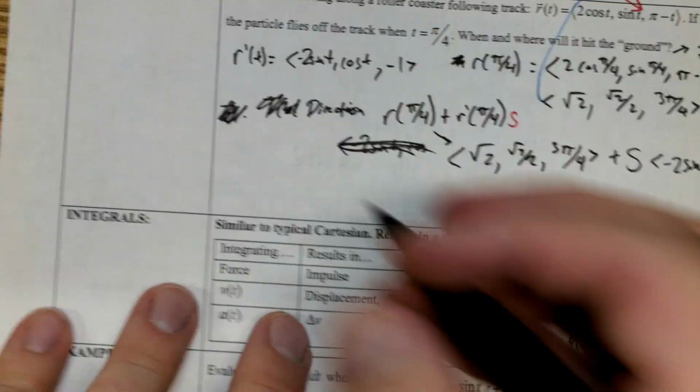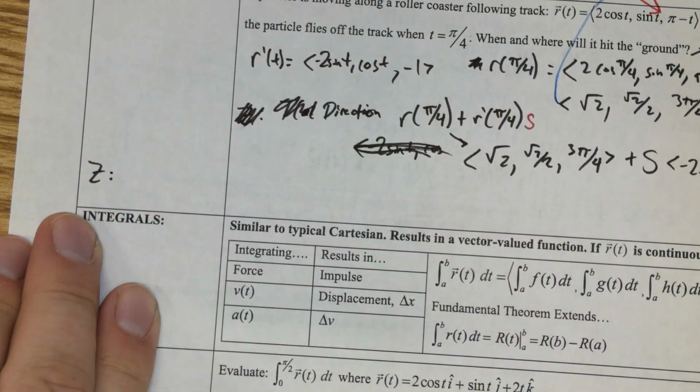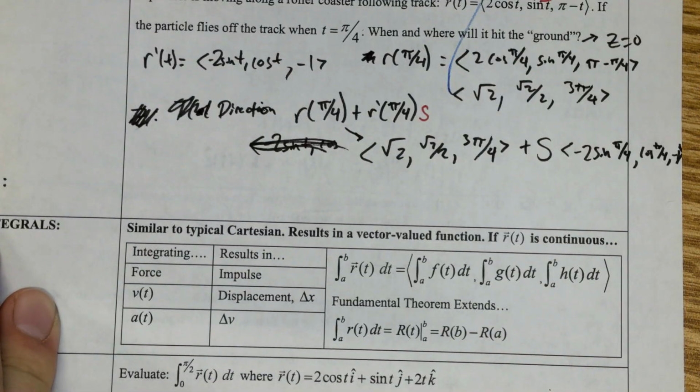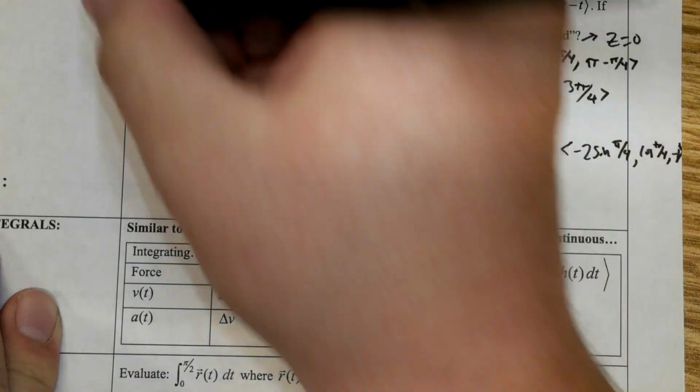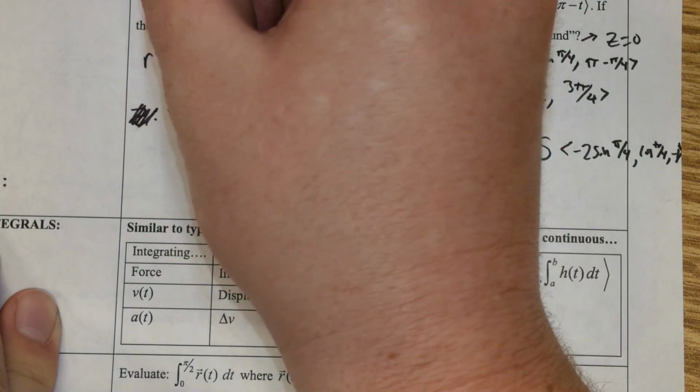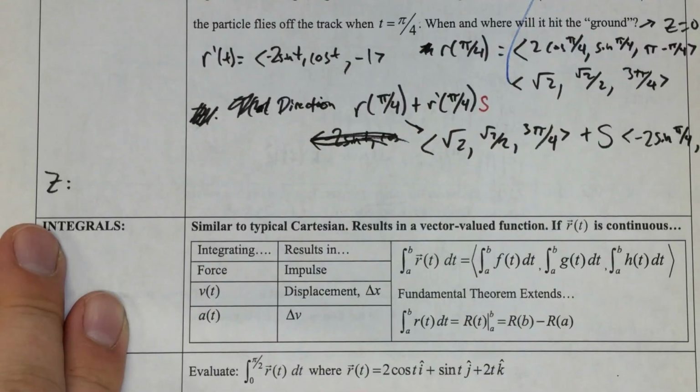But I only care about that z component because z is where the ground is. That's the xy plane that I'm trying to run into.